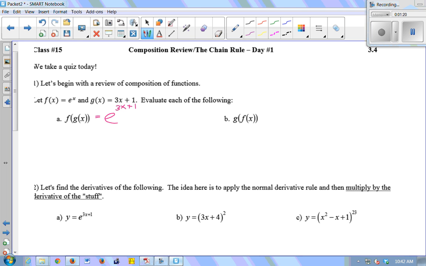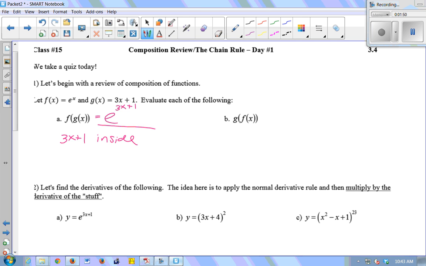Part of the language that I'm going to use today when we're talking about composition of functions is inside function and outside function. Looking at f of g of x, what would you call the inside function? G of x, right, because it's going into f. We call the 3x plus 1 the inside.